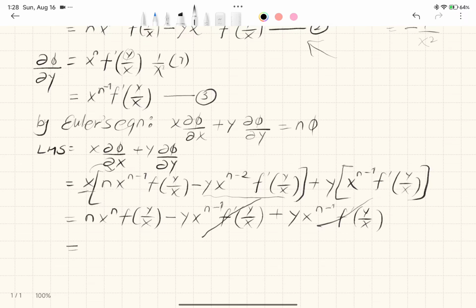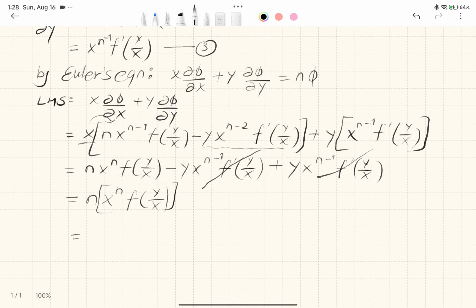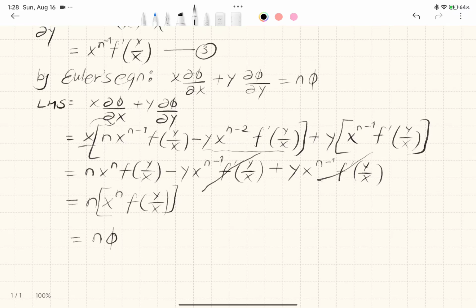What is left is n times x raised to the power n function of y over x. We know this is the homogeneous function, so n times phi is what we found.